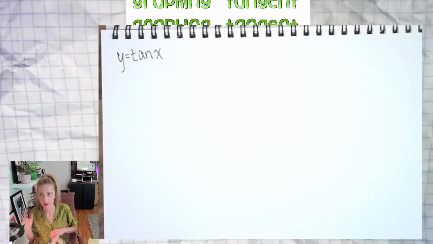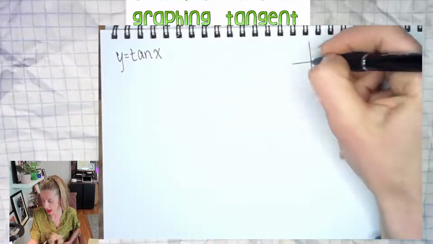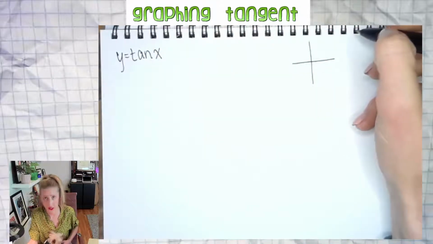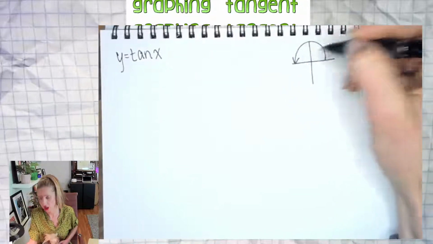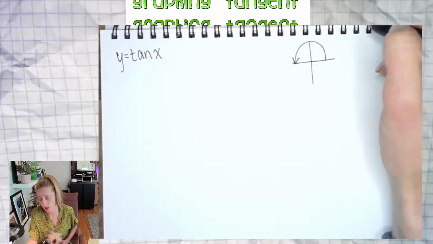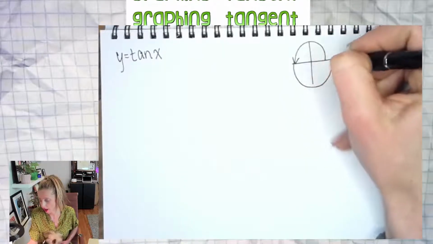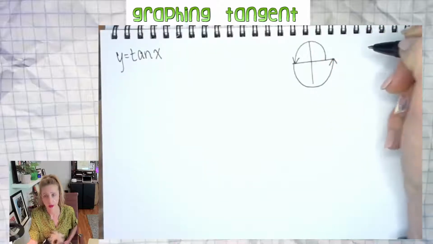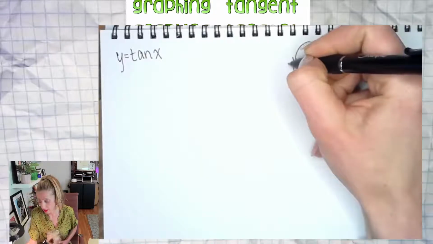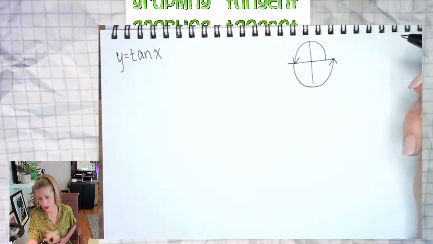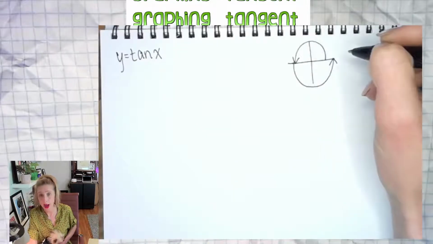Whereas tangent, if you consider the angles as they would be represented in standard position, the answers that you get from 0 to pi will be identical to the answers that you get from pi to 2 pi. That means that the period for tangent is not 2 pi. Instead, the period for tangent is pi.